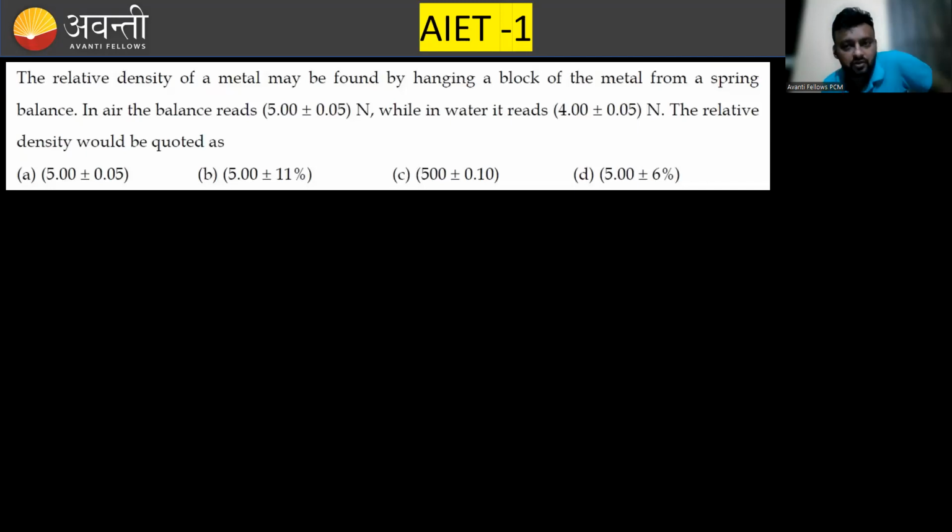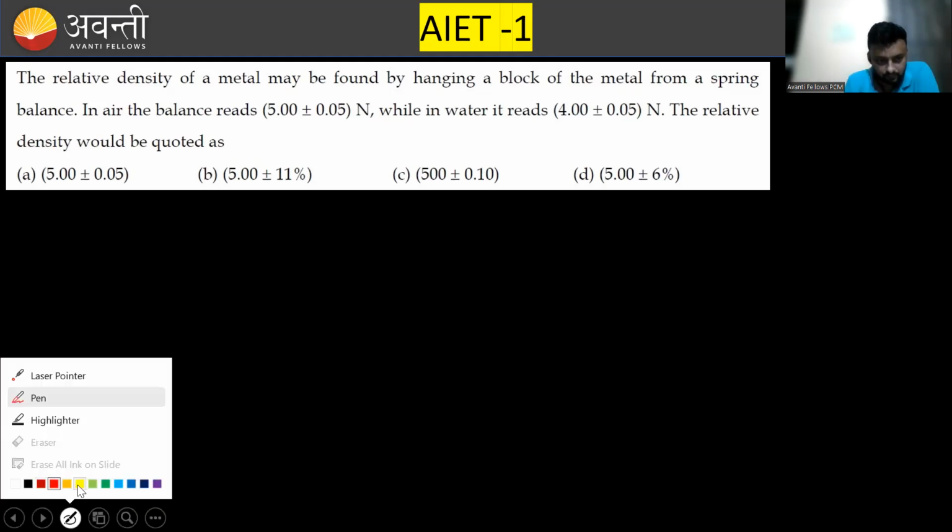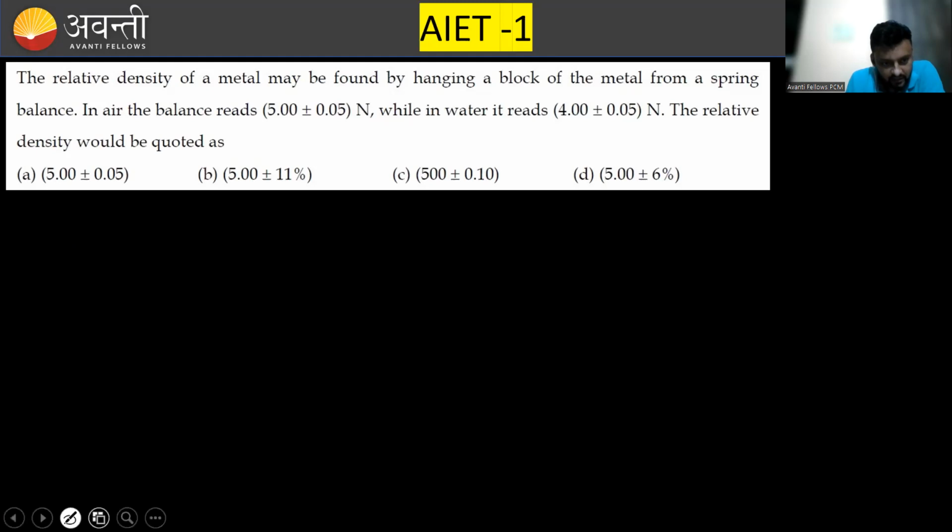So again, this is a good question. The relative density of a metal may be found by hanging a block of the metal from a spring balance. Okay. So first thing is relative density. Okay, let's start with the relative density.